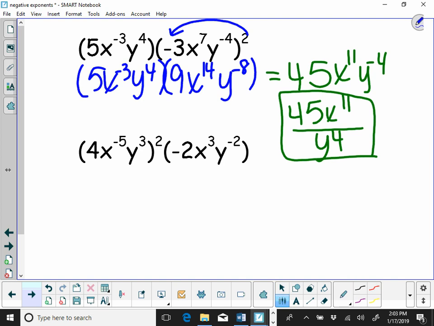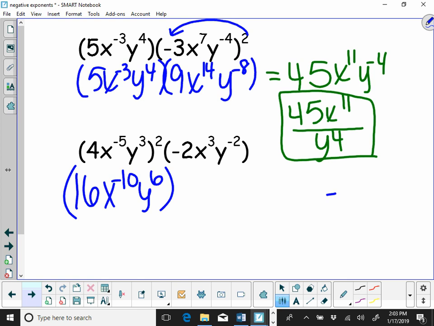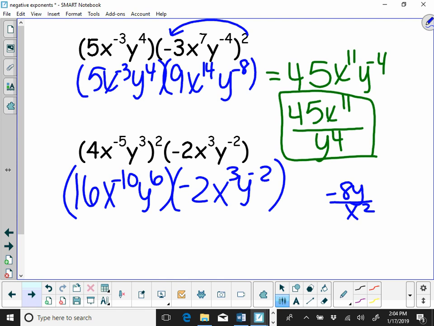What you got. Your final answer is negative 8y over x squared. I just wrote that one. I'll see what it says. All right.